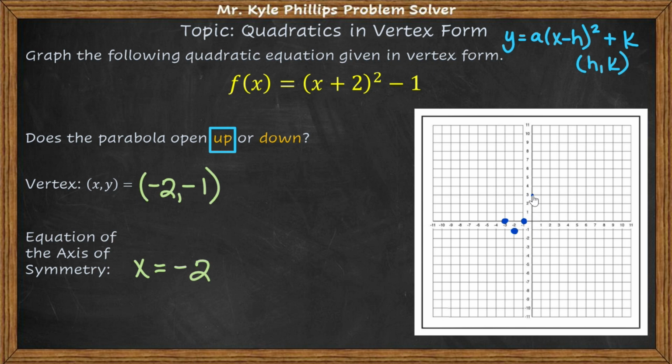So at 0, I'm at 3, and I know that will be the same at negative 4. So we kind of see how this is opening up. And even if I went to 1, 1 plus 2 is 3, 3 squared is 9, 9 minus 1 is 8. At 1, we go all the way up to 8, and I know that'll be the same thing at negative 5. So here is my parabola.